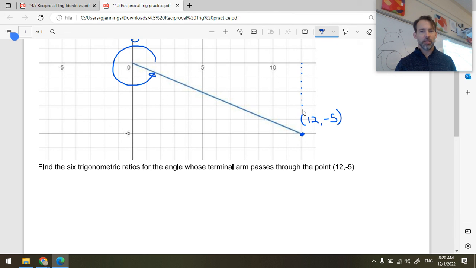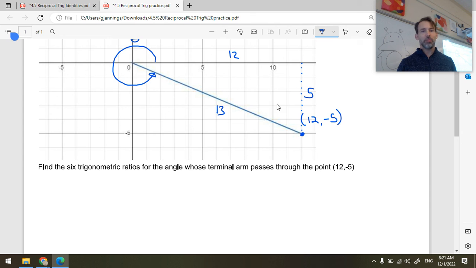It's probably not useful to memorize if you're just looking to find the best investment opportunity. But if this is 5 and this is 12, then this side is 13, because 12 squared is 144, 5 squared is 25. I add 144 to 25 and get 169. That happens to be 13 squared. So this is a Pythagorean triple.